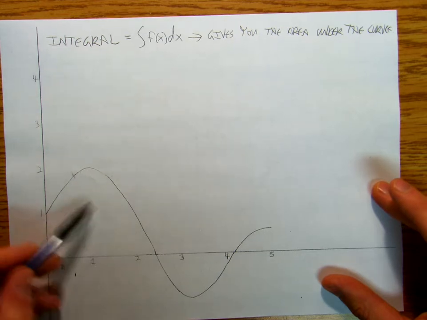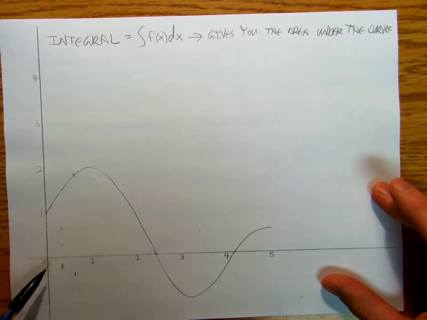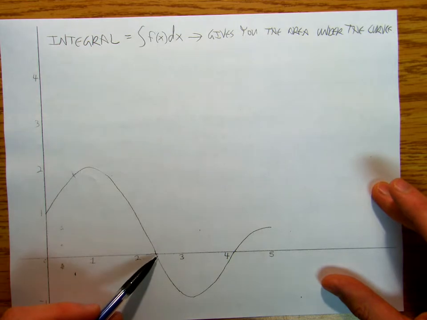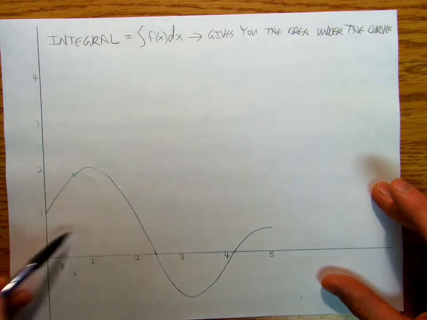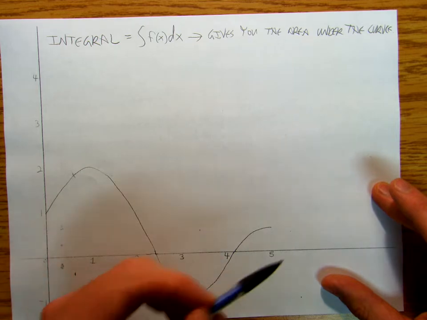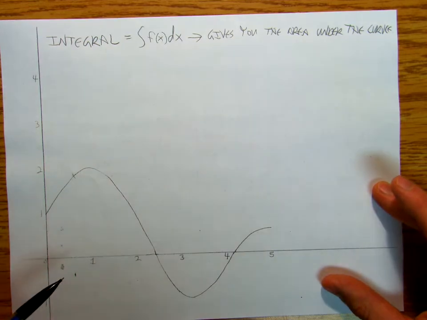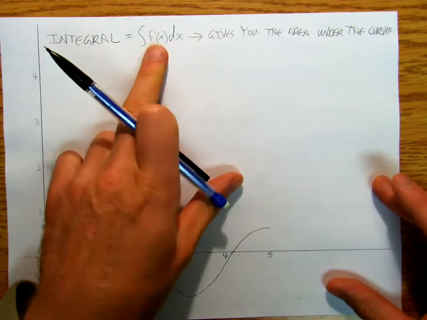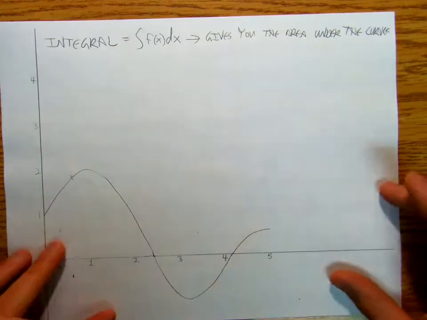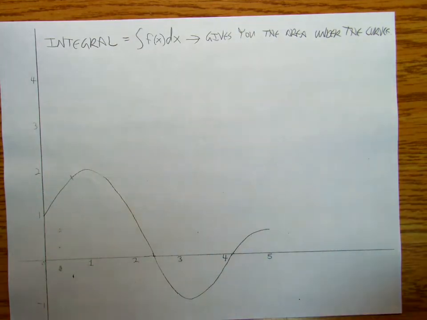So in other words, if I want to find out what this area is, I integrate from 0 to 2.5-ish, and I will get this area. And then this area is negative, and then this area is positive again. So one concept is that the integral gives you the area under the curve.